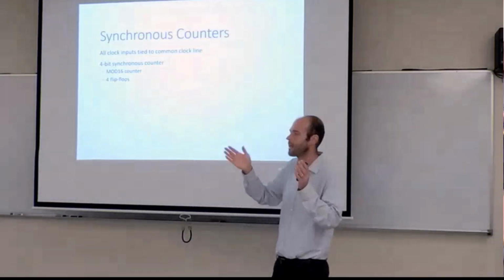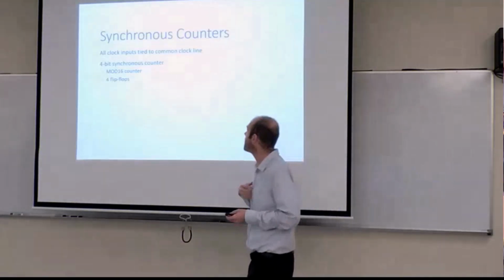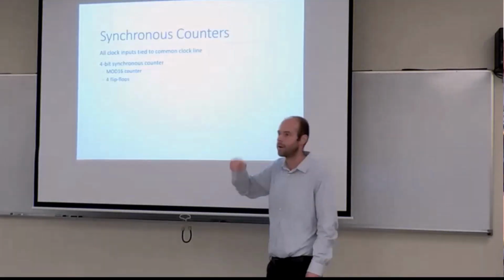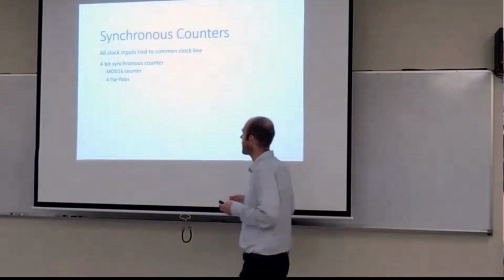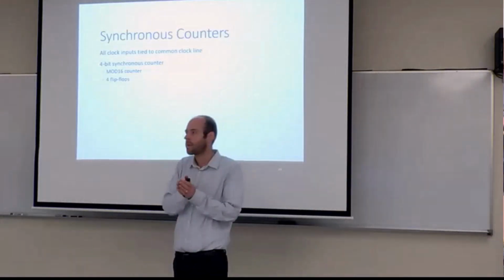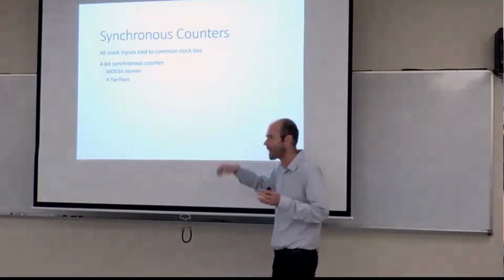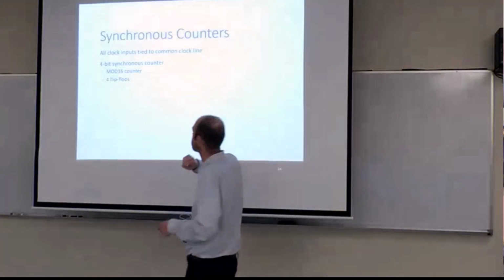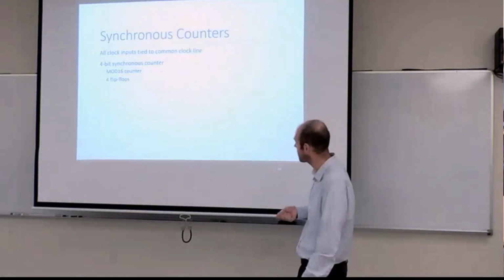So there's a maximum speed it can go based on that clock speed. For synchronous counters, all clock inputs will come from the same clock signal. That means all the flip-flops are being activated by the same starting signal rather than having it ripple through each one. And so the maximum speed you can count goes faster.